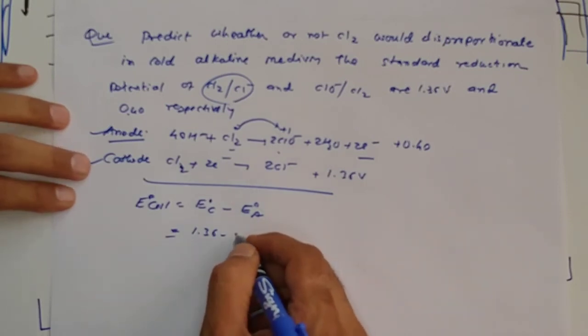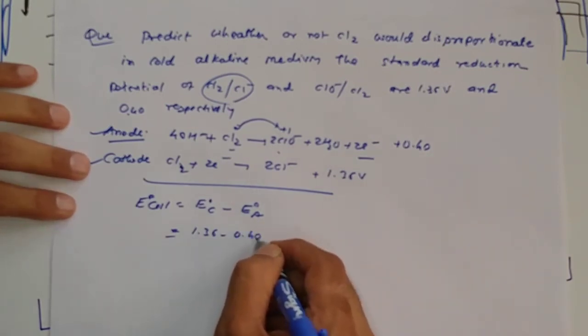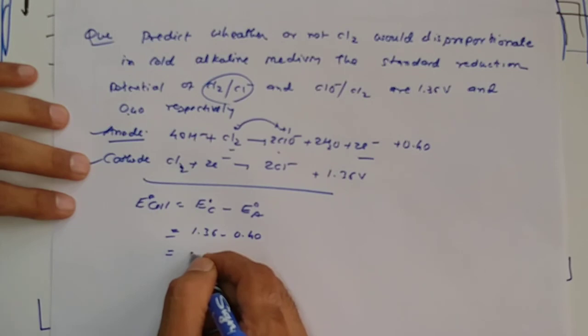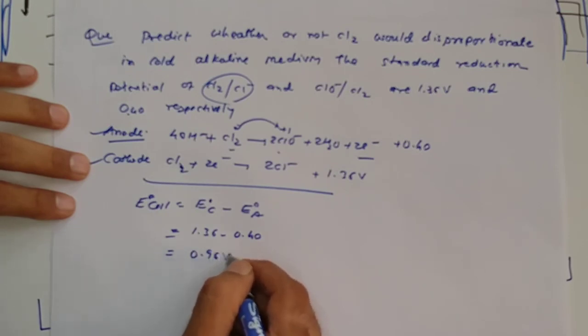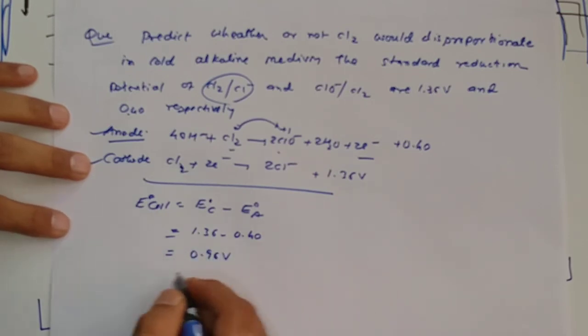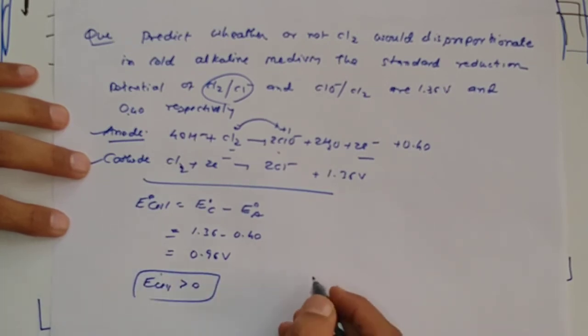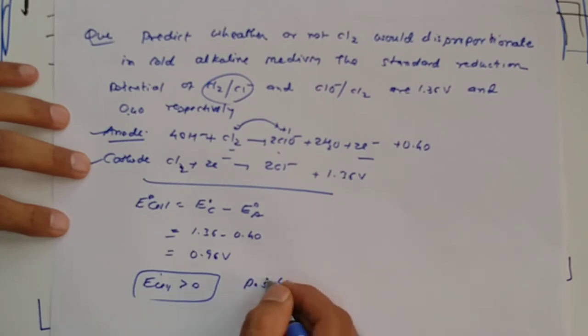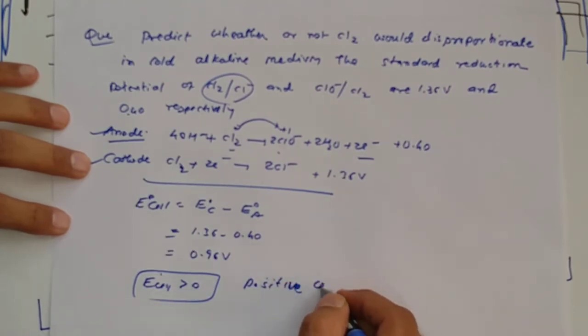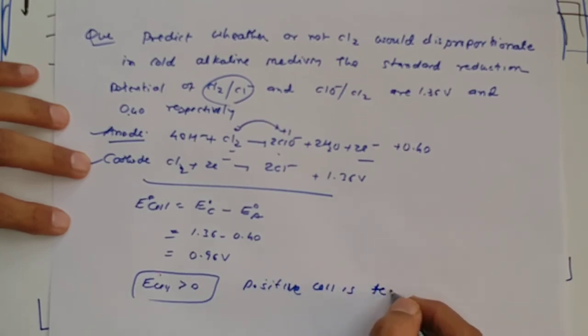So 1.36 minus 0.40 is 0.96 volt. E cell degree is greater than 0, positive. So the cell is feasible, possible.